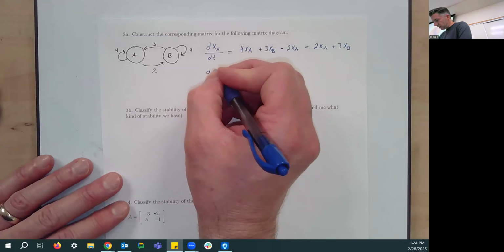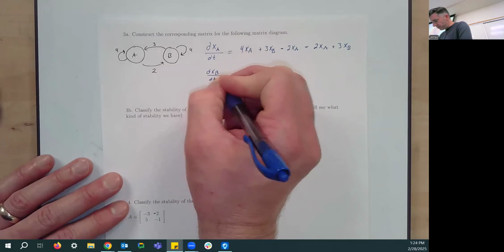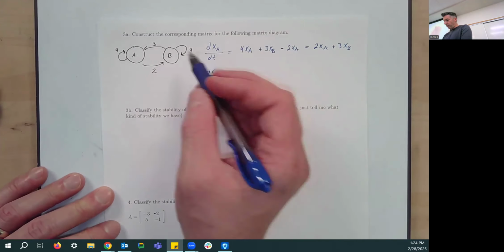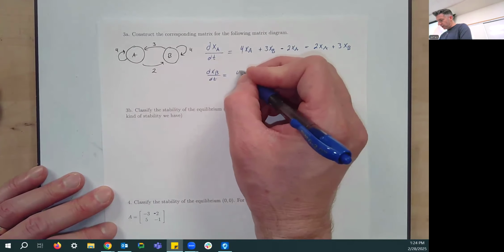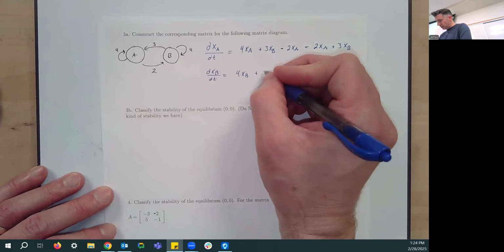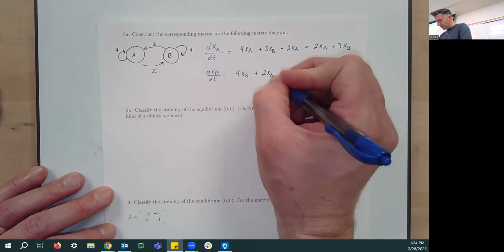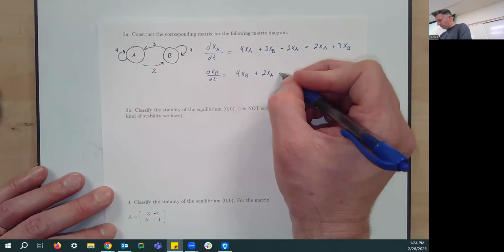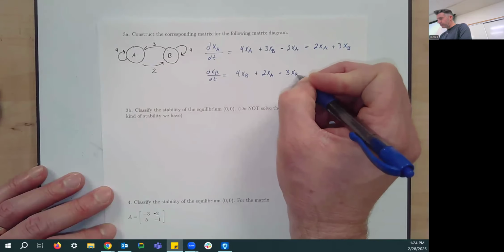Similarly, dxb/dt. The things going into B, well, we have 4 of B itself, so 4 times xb. We also have 2 of A going into B, so 2 times xa. But then we're losing 3 of B to A, so we're subtracting off 3 times xb.